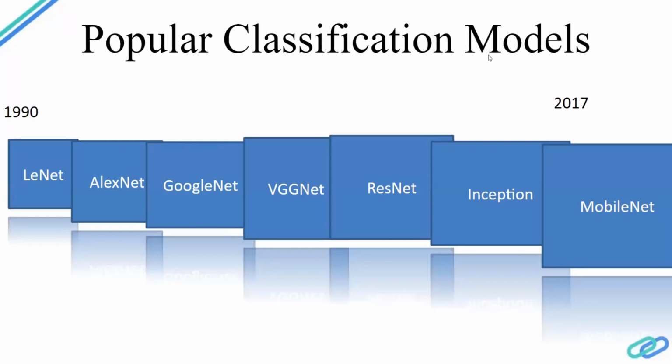Now coming to the classification models, these models started from the 90s and go up to 2017, when we got MobileNet and Inception. These are the models which have got the maximum accuracy. For the classification of cars or animals, if you apply the Inception or MobileNet model, it will give more than 90% accuracy.